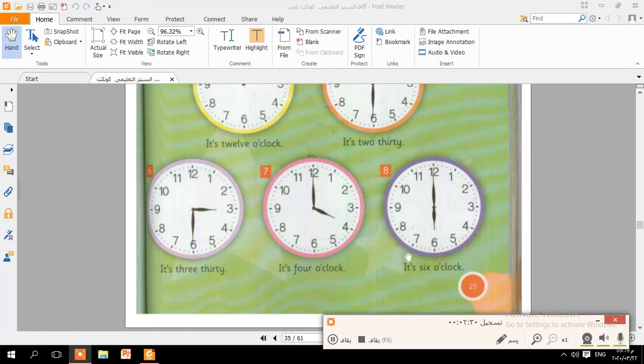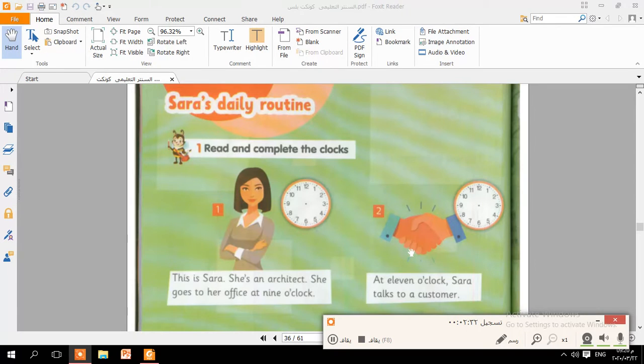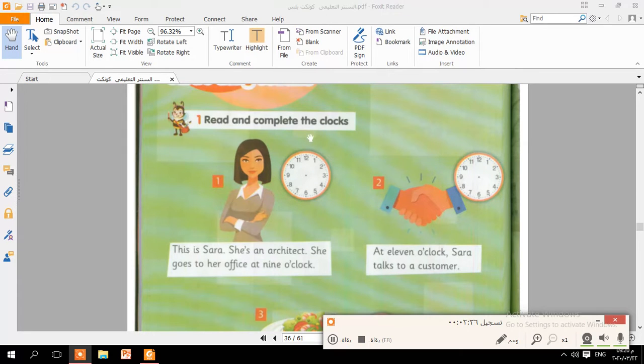Okay. Open your book, page 26. Read and complete the clocks. Number 1. This is Sarah. She is an architect. She goes to her office at 9 o'clock.